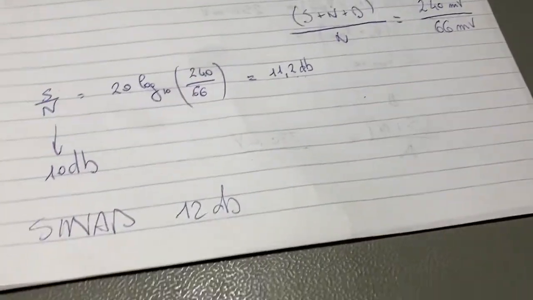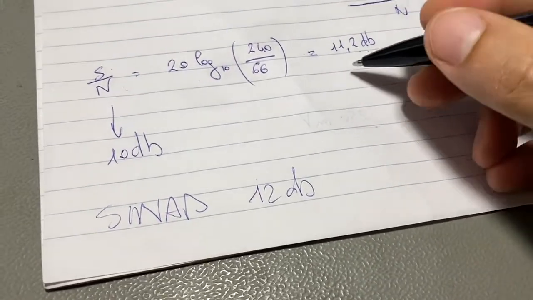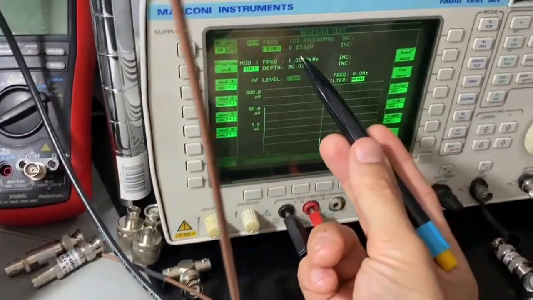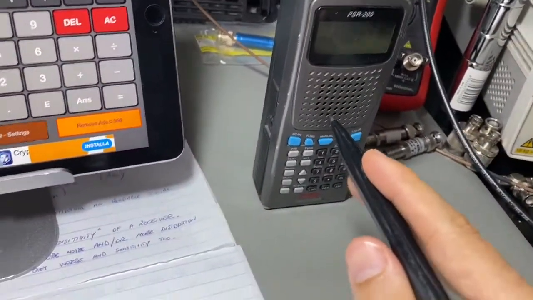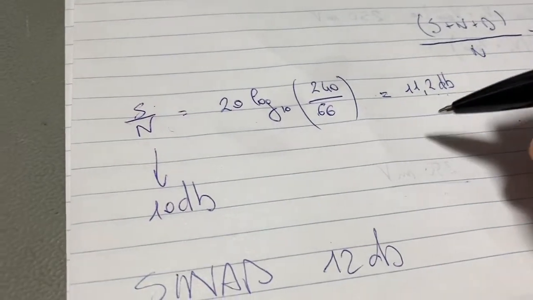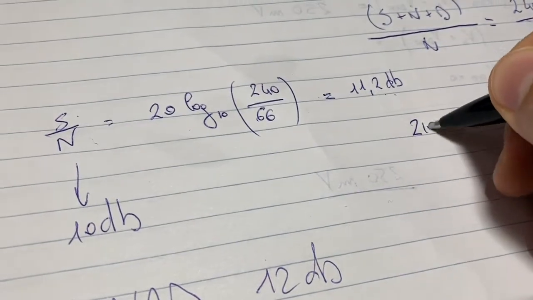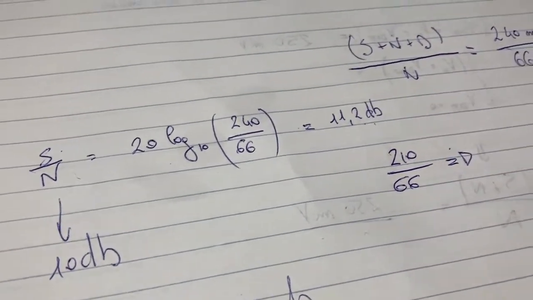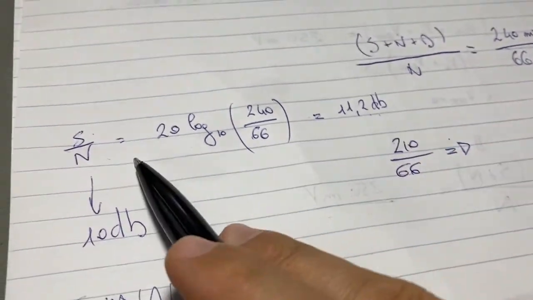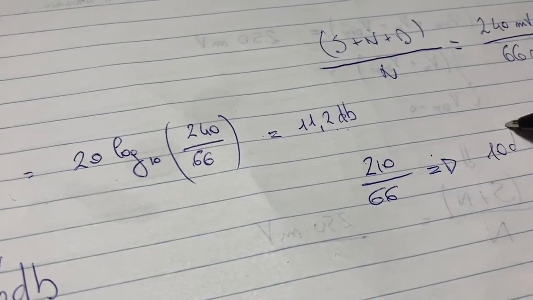Doing some calculations, it turns out that if we lower the level of the incoming signal into the receiver, to read about 210 over 66 instead of 240, applying the formula 20 log of this will give us 10 dB.